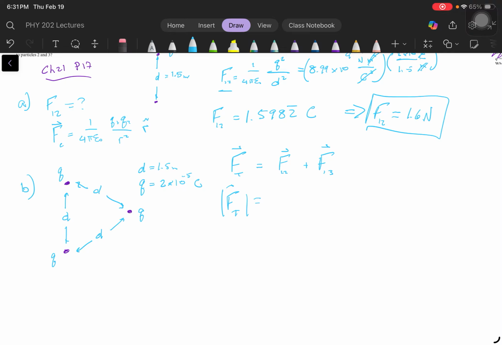It's going to be equal to F12x plus F13x, squared, plus F12y plus F13y, squared, all of that square rooted, right?